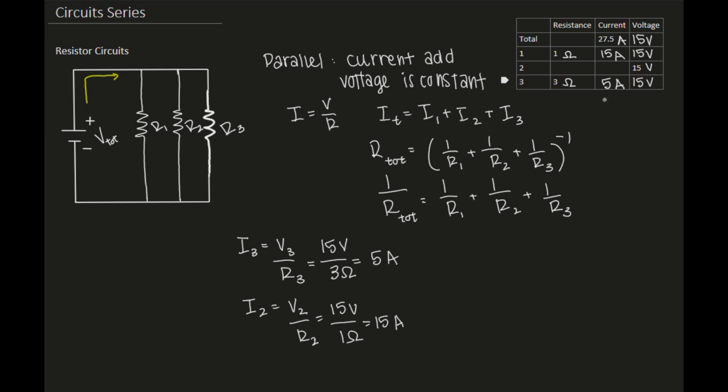I can then calculate the total resistance. Again, from Ohm's law, resistance is equal to voltage over current. So our total is equal to 15 volts over my current of 27.5 amps, which, if I round to the second decimal place, is 0.55 ohms.